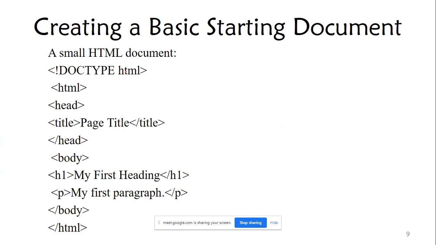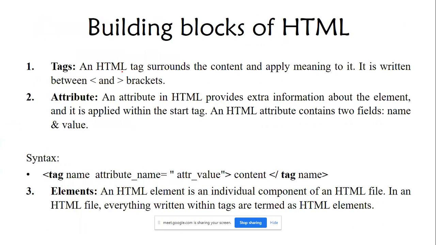So in today's session, we will discuss the building blocks in HTML. The first one is the tags. What are the different tags in HTML? HTML tags are written in angle brackets.